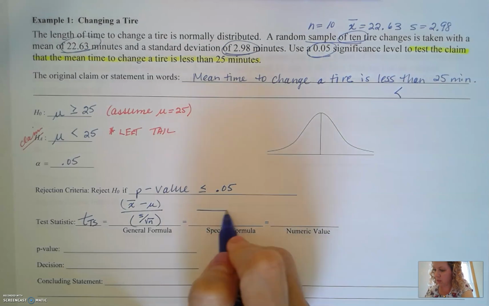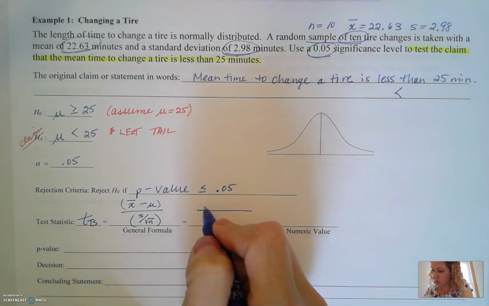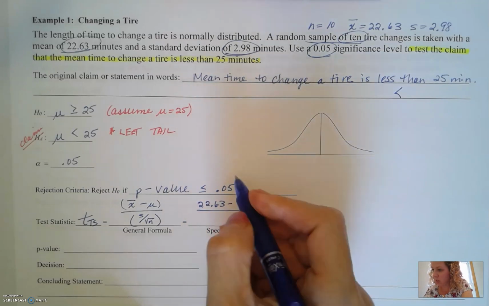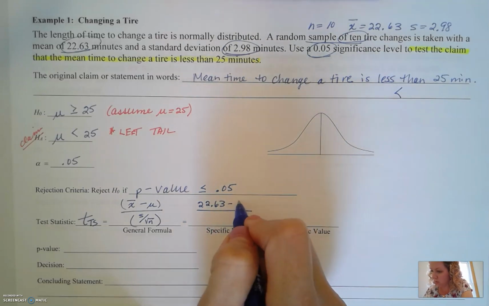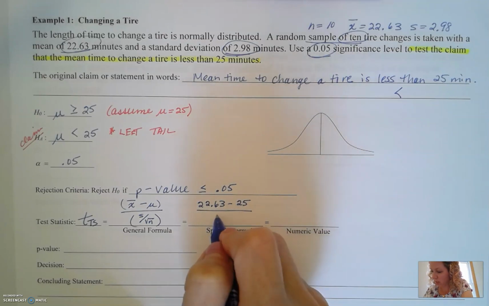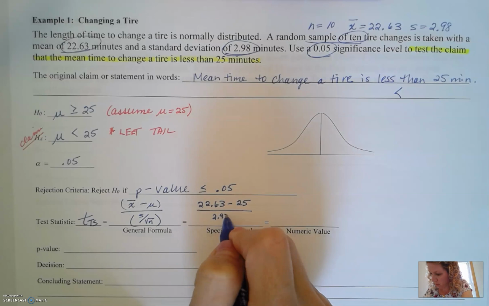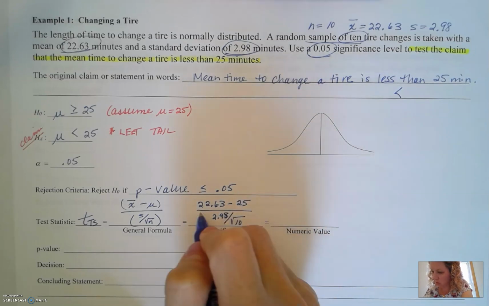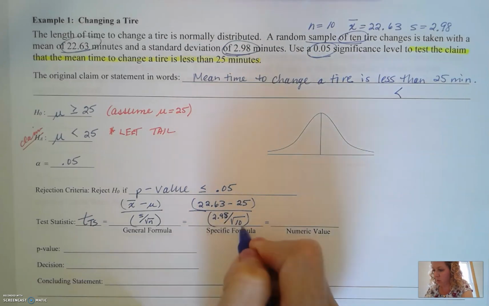Substituting these in, x bar is 22.63 minus the claimed mean, which is 25, all divided by s, 2.98, divided by square root of n, which is 10. I'm going to put an extra set of parentheses around the numerator and the whole denominator.